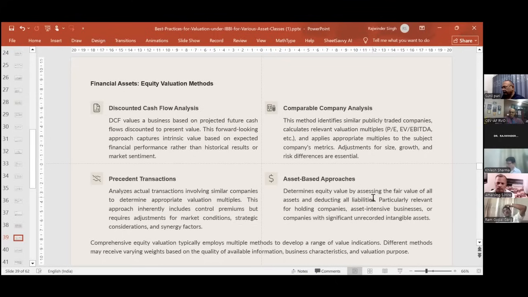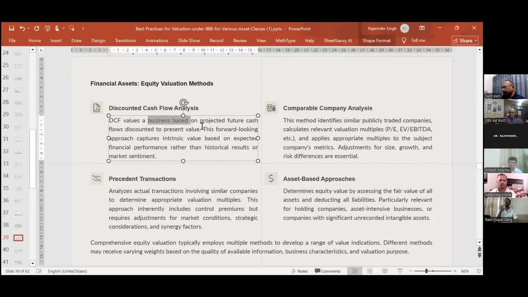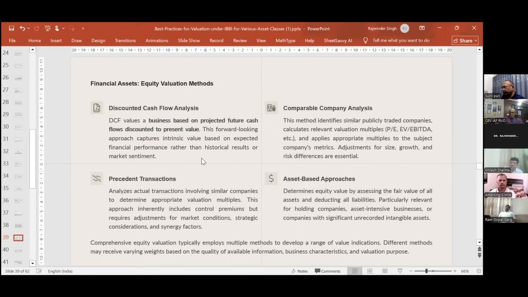As all of us are conversant with it, the DCF values a business based on projected future cash flows discounted to present value. We convert the projected future cash flows to present value by discounting. This forward-looking approach captures intrinsic value based on expected financial performance rather than historical results or market sentiment.